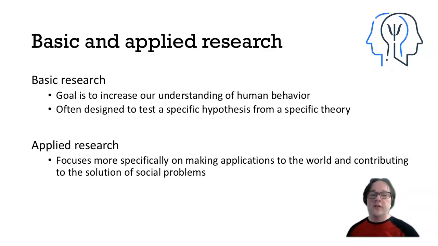Applied research focuses more specifically on making applications to the world and contributing to solutions to problems that we have in the world. So there's definitely room for both types of research, particularly in a field like psychology, and social psychology extra particularly, right?